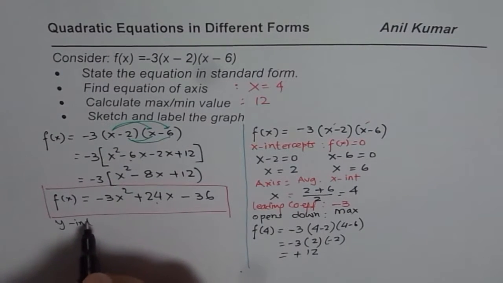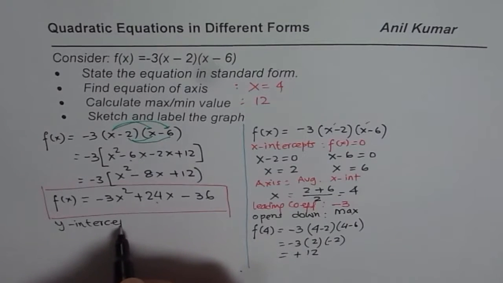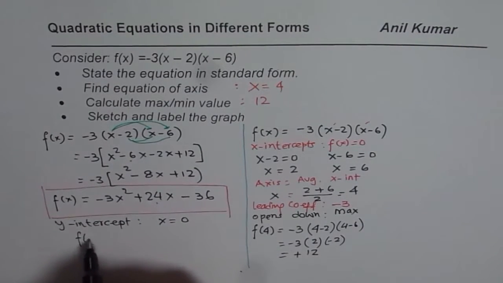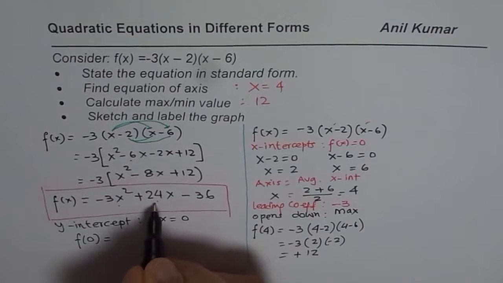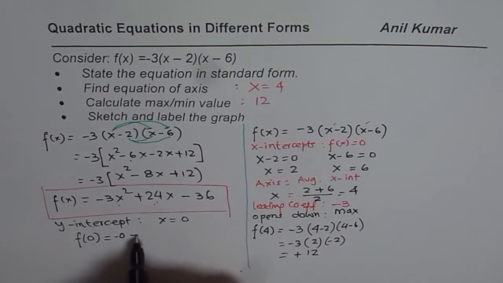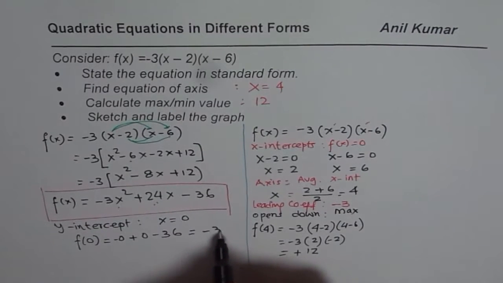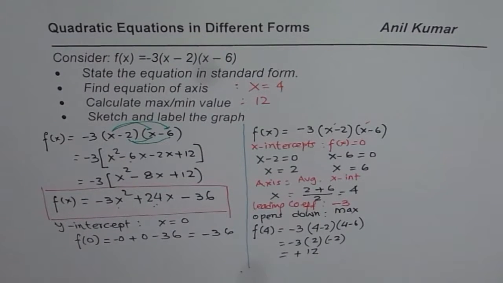So that's a good thing to do. Let us find the y-intercept also before sketching. That is x equals 0, or the value of the function at 0. If I write 0 here, what do I get? I get minus 0 plus 0 minus 36. So that gives me minus 36 as the y-intercept, right?